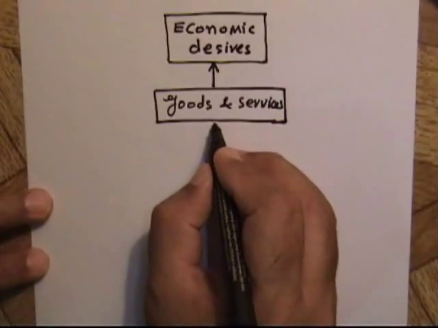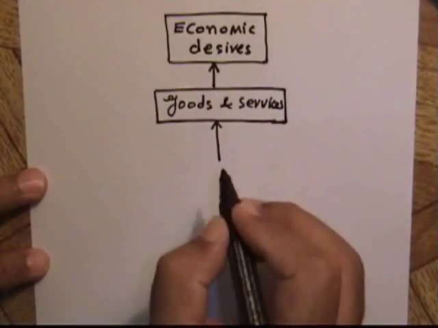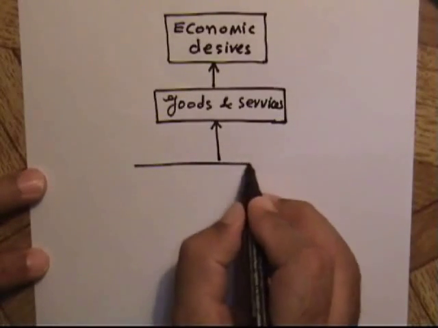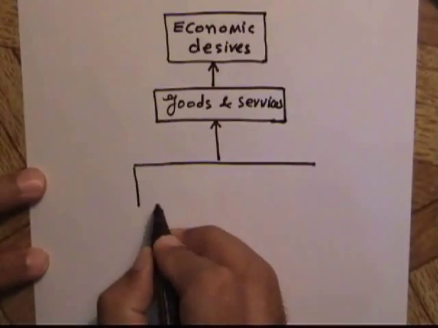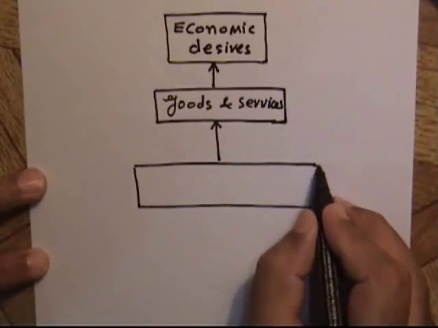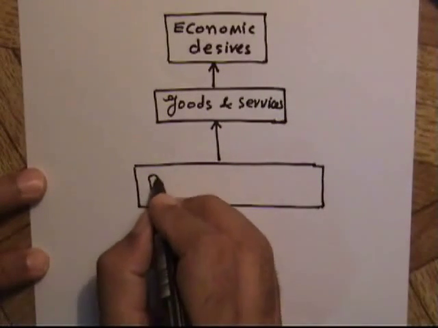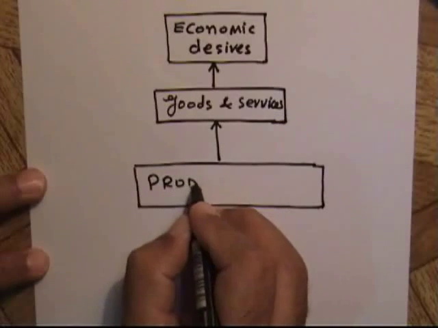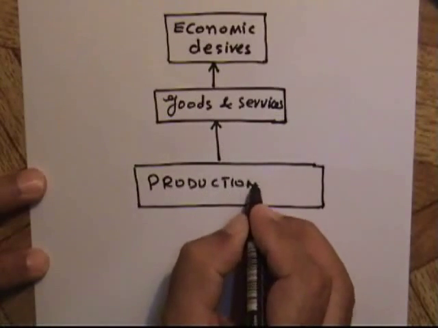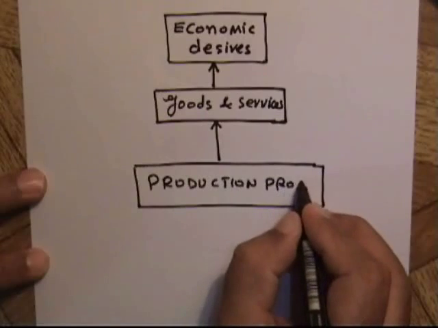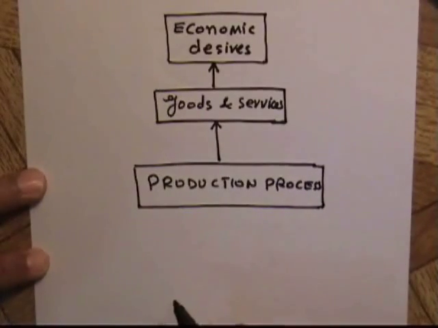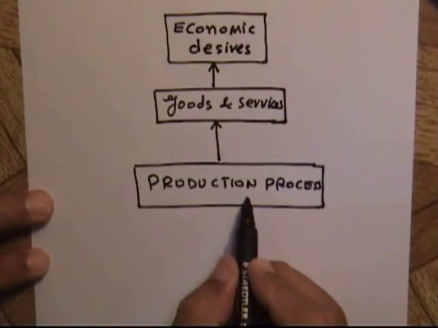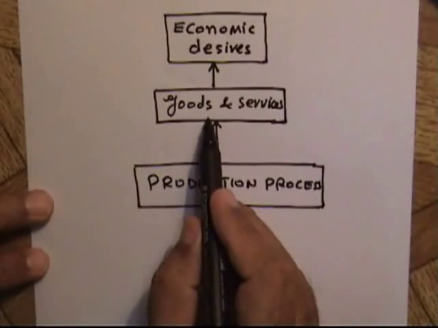But these goods and services are not free. We have to produce these goods and services. So there is a production process which is required to produce goods and services.